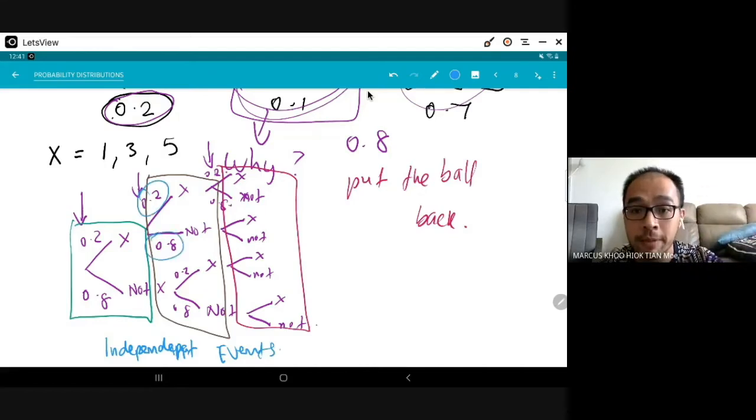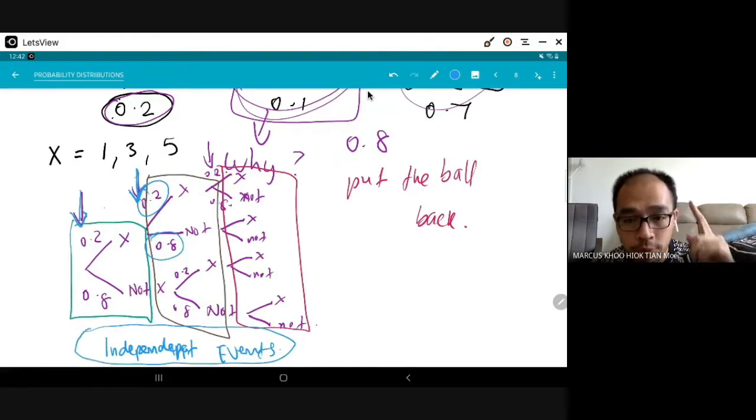It's always the same. It doesn't change value. That means bila kamu ambil bola kali pertama dan kamu ambil bola kali kedua kan, dia punya kebarangkalian sama. So bilangan bola adalah sama. What happens in the second round is not affected by what happens in the first round. So we call this independent events.